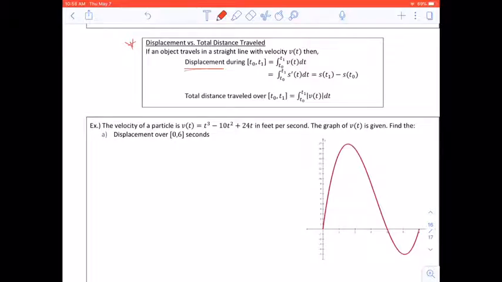The total distance traveled from t0 to t1 is equal to the integral from t0 to t1 of the absolute value of v of t dt.